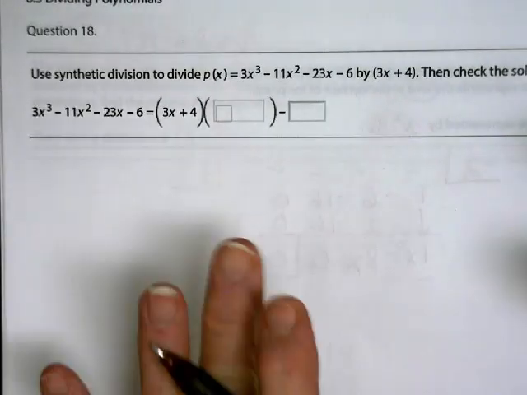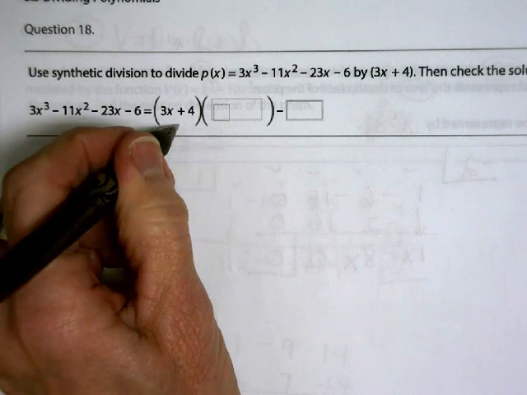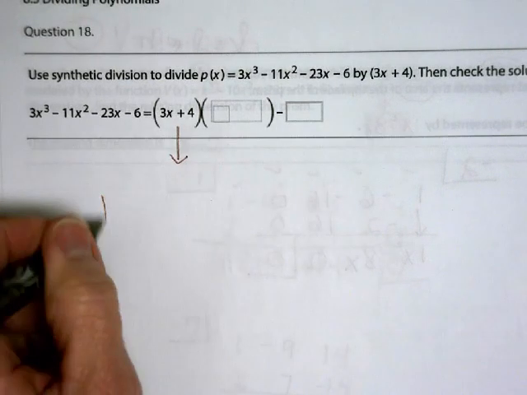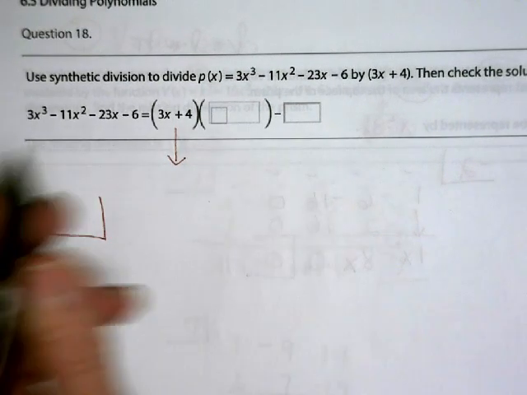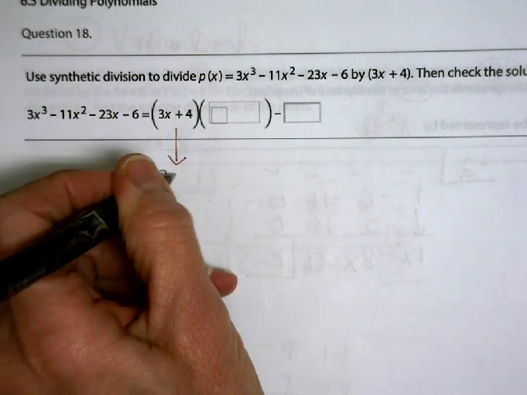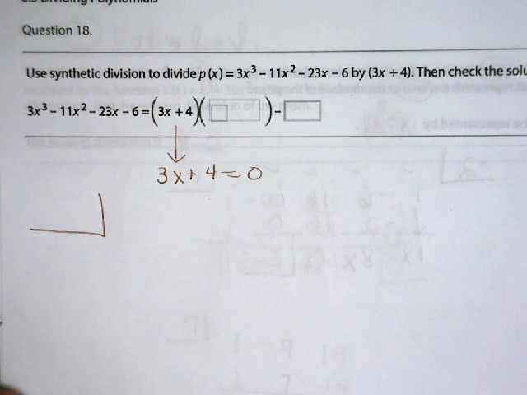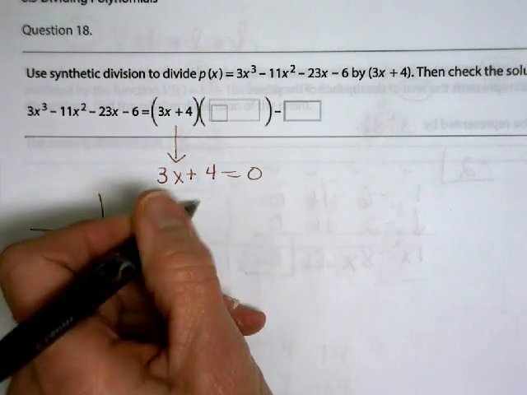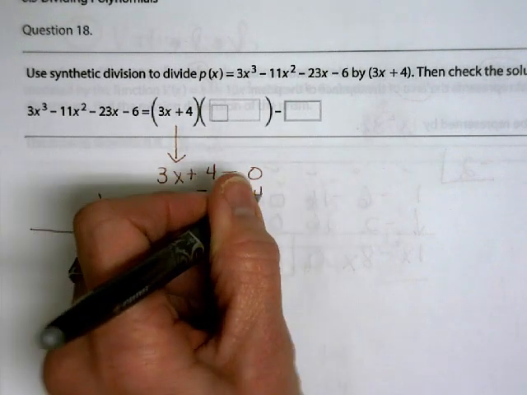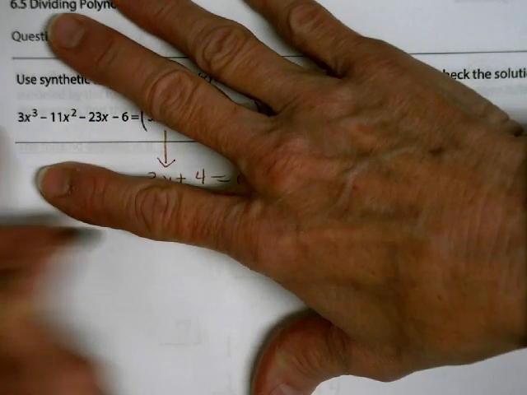I think 18 is back to just synthetic division, but figuring out what goes in the crow's nest is a little tricky. So you don't have to write this down. What you can write down is the synthetic divisor. What will make this 0? Subtract 4.